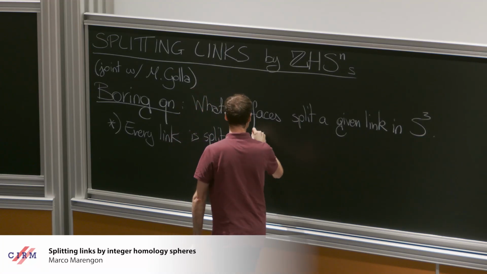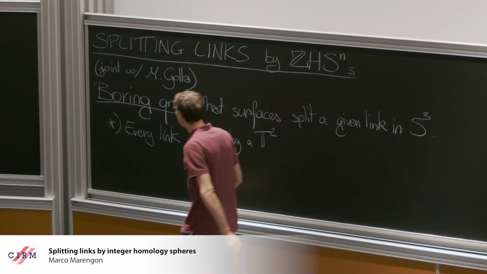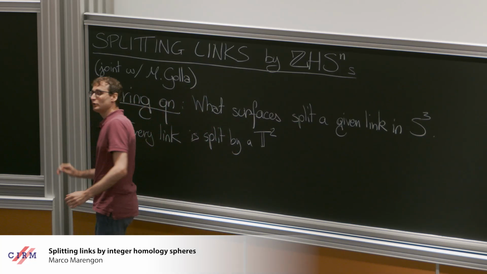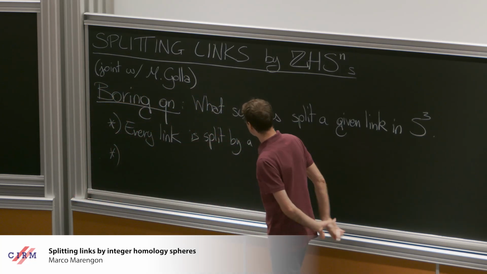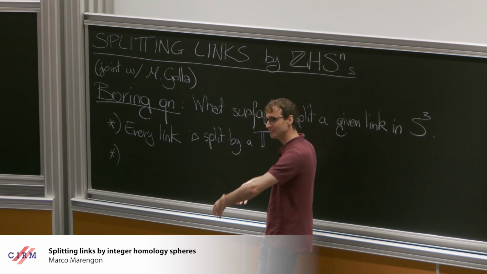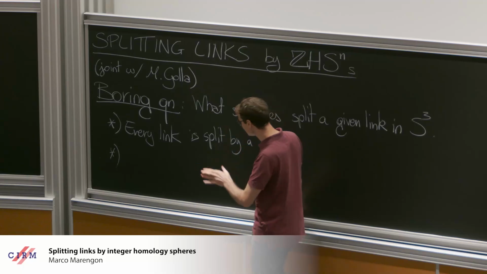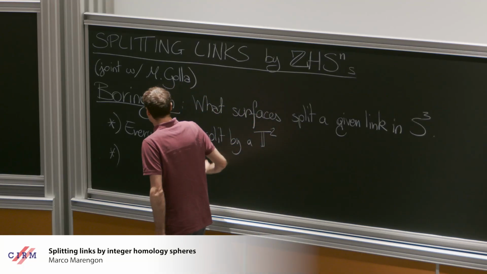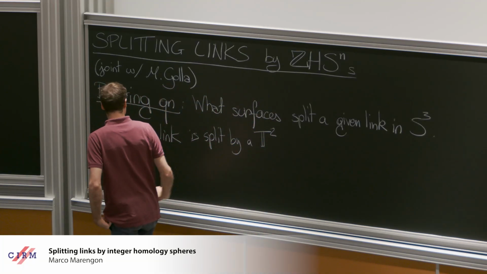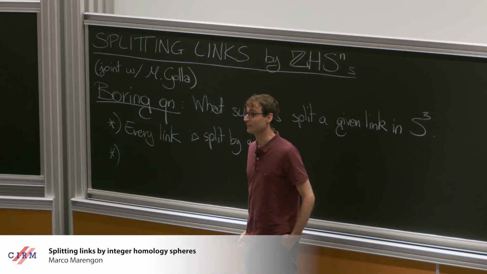by a torus. Just take a neighborhood of a component and its boundary. You may ask, what happens if you require that the torus is embedded in a standard way? Then you get something that is a little more interesting, but even so, not so much. The other case is when the surface is non-orientable.